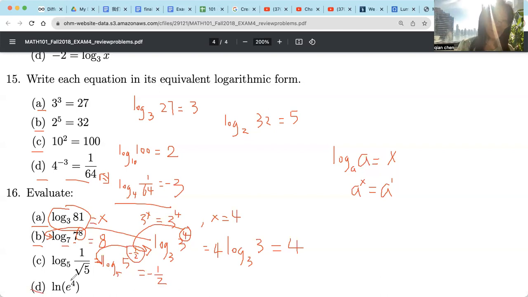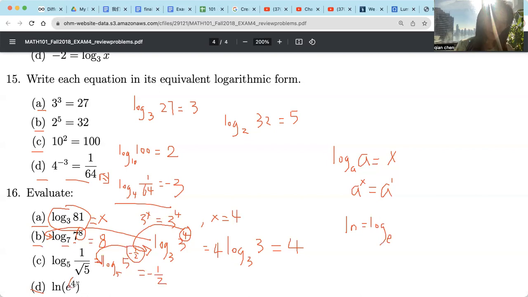E, same thing. We said ln means log base e. Log base e. e is Euler's number, like pi. An irrational number that never ends if you calculate its decimals.